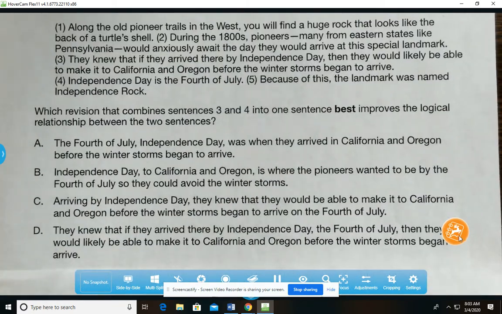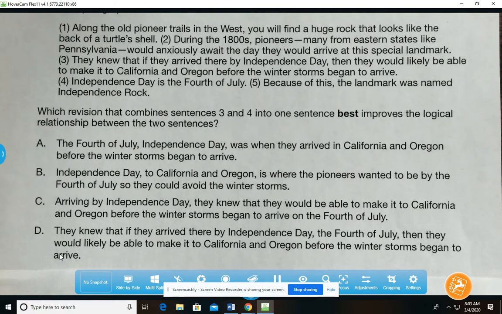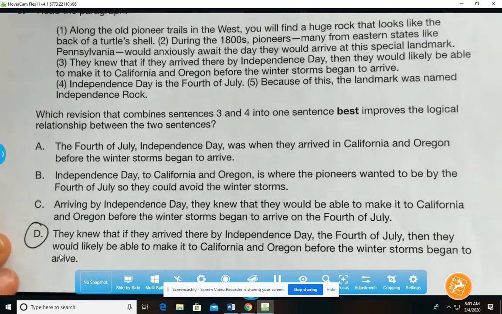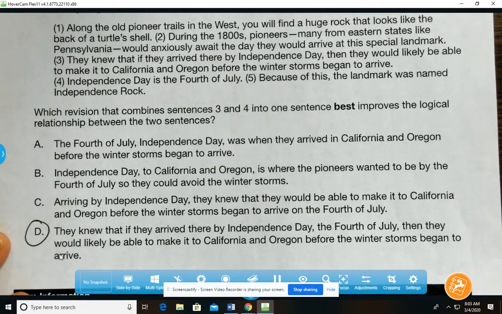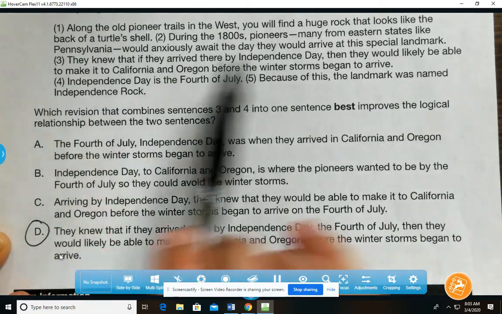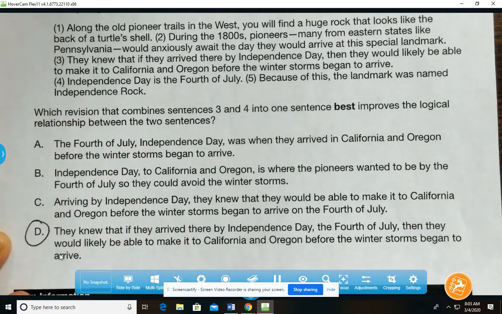So which revision best improves the logical relationship between the two sentences? In this case, the correct answer is D. And here's why. It not only concisely revises some of the extra wordage between the two sentences, it also puts it in a logical order.